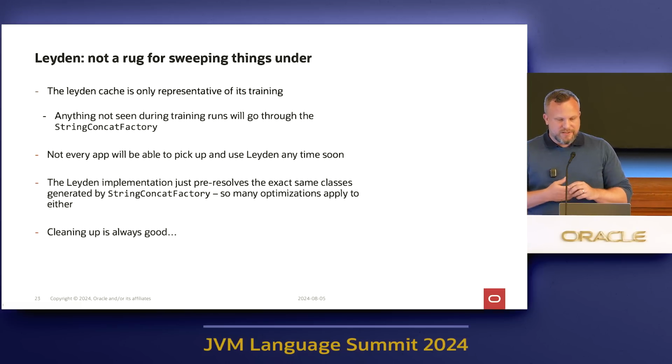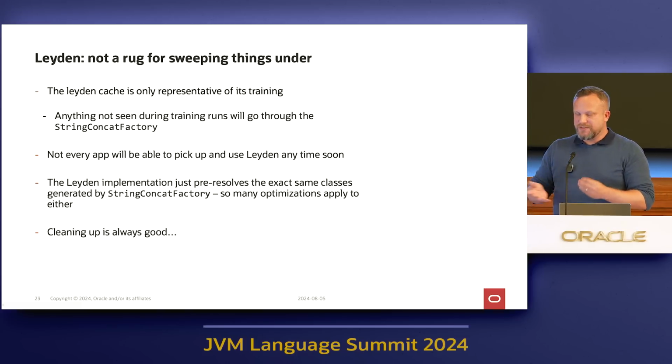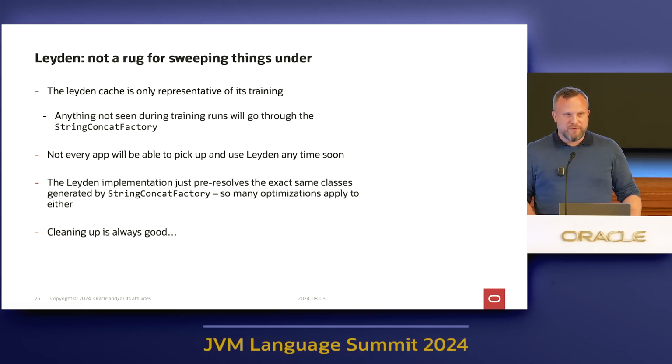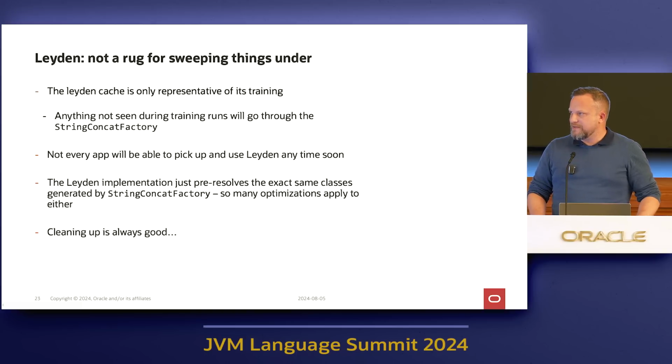The Leyden cache, while great, is only representative of its training. If you run into string concats that Leyden hasn't captured, you would just defer this startup bump to somewhere later in the program. That might be even worse in some regards.